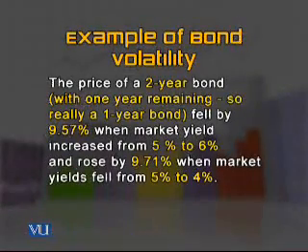When we talk about a 2-year bond actually being a 1-year bond and it falling by 9.57%, ये एक प्रॉब्लम सेट है जो मैं आपसे डिस्कस कर रहा हूँ. एक बॉन्ड जो 2 साल का है और उसको हम कंसिडर कर रहे हैं for 1 year period fell by 9.57% when market yield increased from 5% to 6%, and rose by 9.71% when market yields fell from 5 to 4%. एक एग्जांपल दिया आपको मैंने उस बॉन्ड की यील्ड का जब 5 से 6% मार्केट इंटरेस्ट रेट बढ़े, और एक जब मार्केट यील्ड फेल डाउन फ्रॉम 5 to 4%.